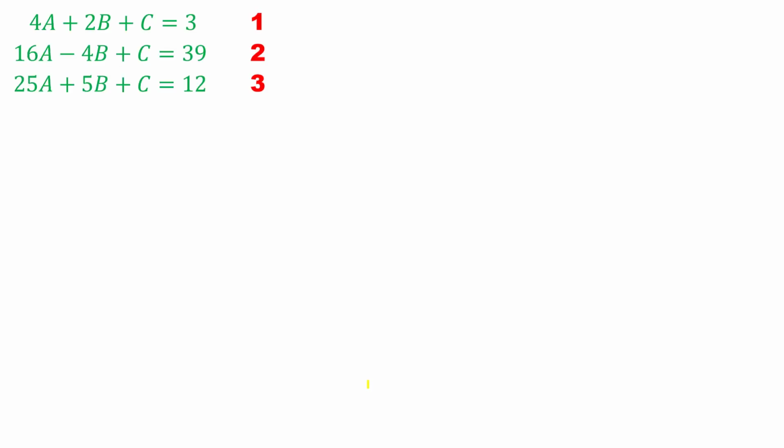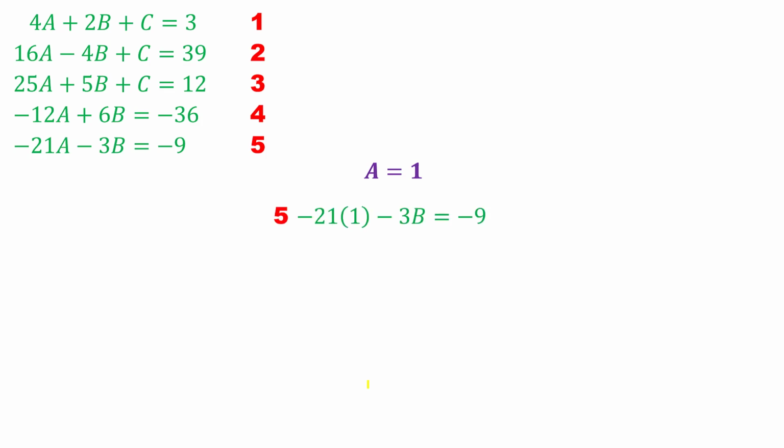So I'll start here by rewriting the 5 equations we have so far, and then to solve for, let's do b next. I guess to solve for b, we could use either equation 4 or 5. I'll use equation 5 here. And remembering that a = 1, using equation 5, we would have -21 times 1 - 3b = -9. And then we'll go ahead and add 21 to each side, giving us -3b = 12, or b = -4.